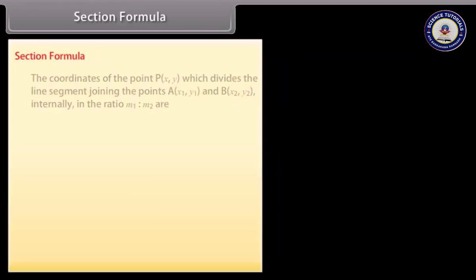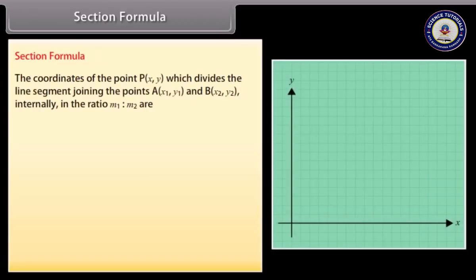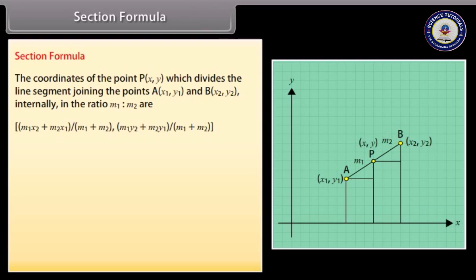Section formula. The coordinates of the point P x, y, which divides the line segment joining the points A x1, y1 and B x2, y2 internally in the ratio M1 is to M2 are M1x2 plus M2x1 by M1 plus M2, M1y2 plus M2y1 by M1 plus M2.